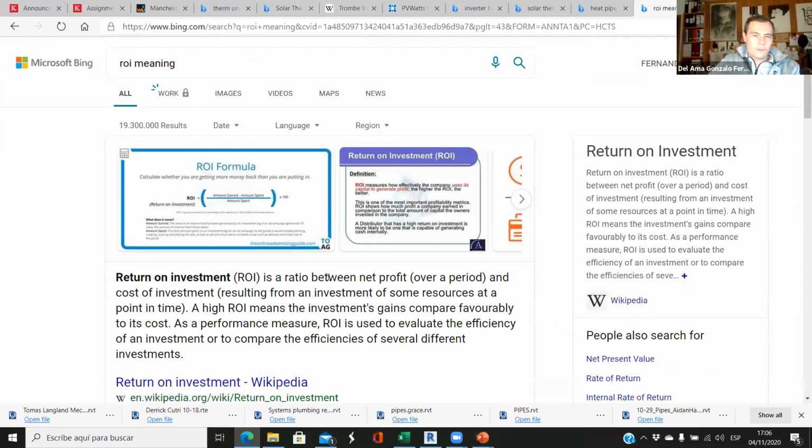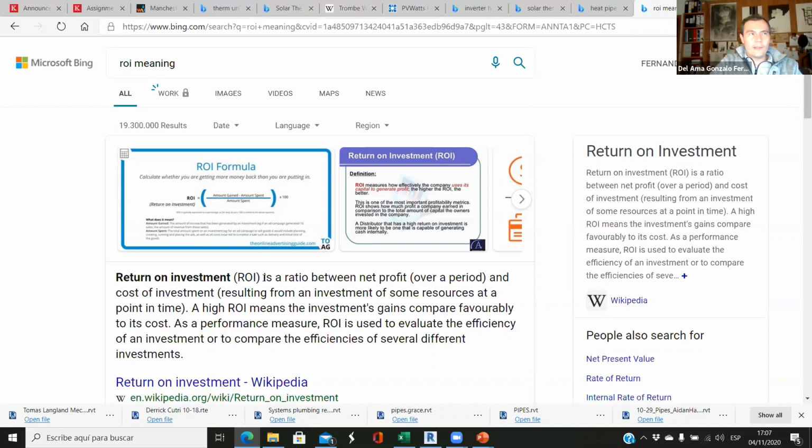It's a ratio between net profit over a period. So what is our return on investment? We pay $10,000 or $20,000 up front. When do we recover this investment, and when do we start making money?